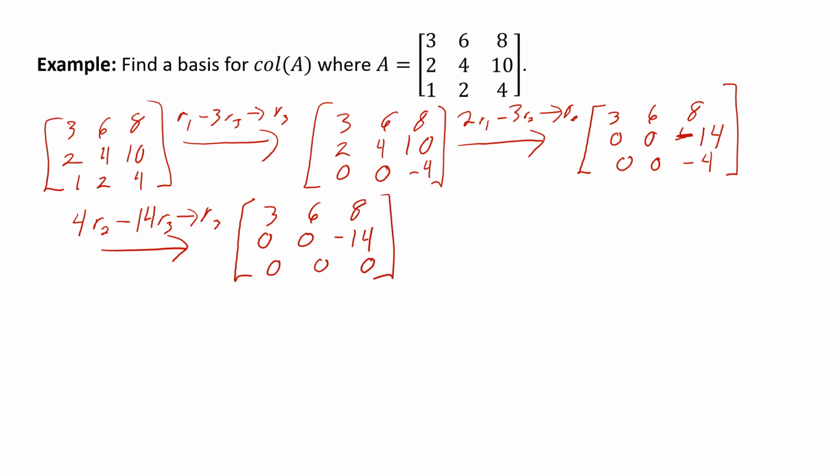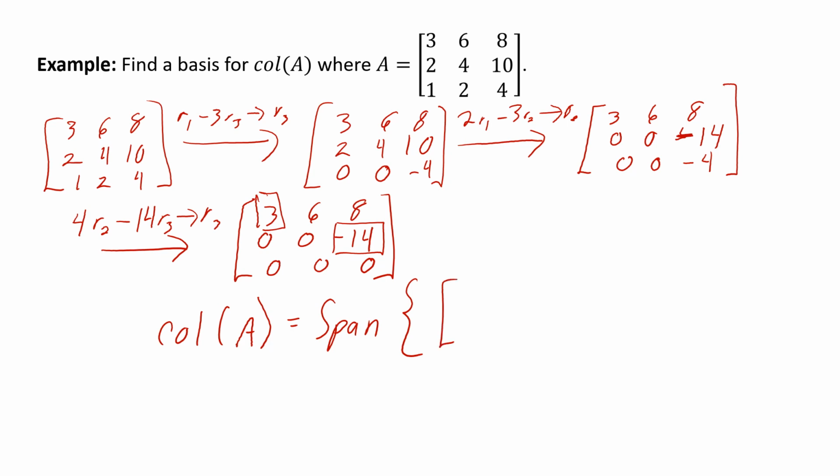Okay, so what do we have here? We have a pivot position there and a pivot position there. We can keep going with this to row reduced echelon form, but this is enough to show us where our pivot columns are. So what this says is that the column space of A is the span of the first and the third columns, 3, 2, 1, and 8, 10, 4.